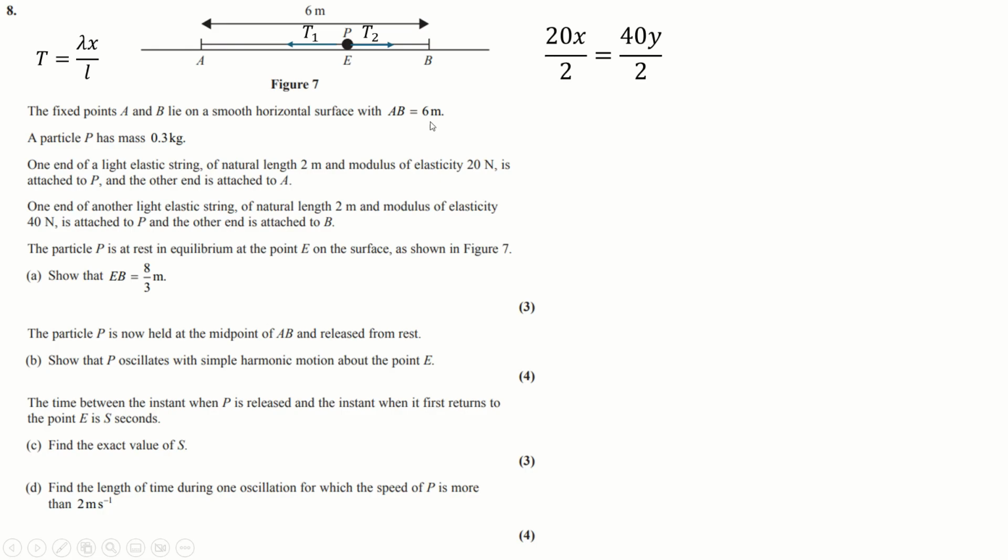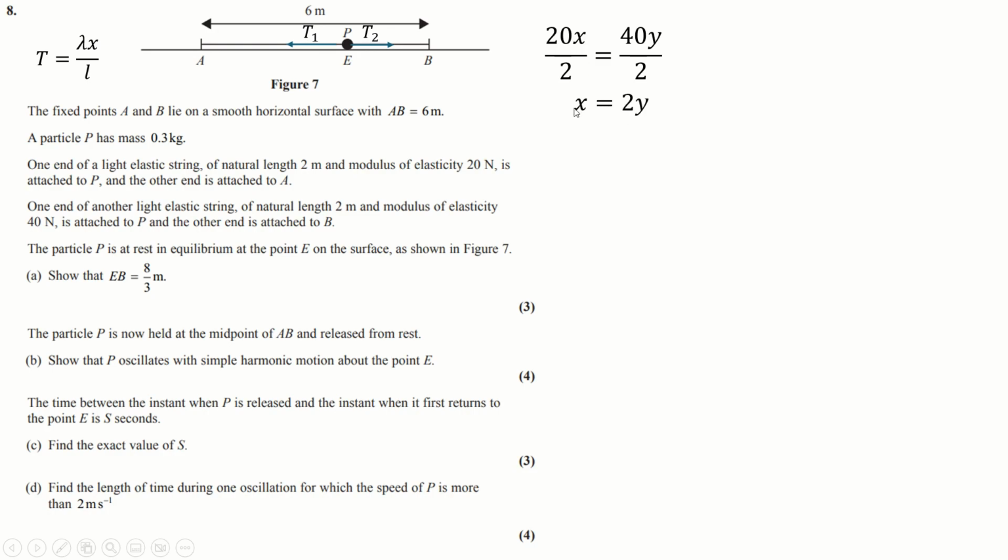So of course, we can say maybe something like, because this is in equilibrium, T1 equals T2. So we can say T1 has lambda 20, L is 2, and then the extension we'll just call x. In this string here, lambda is 40, and natural length is still 2, but we'll call the extension y. And so now we can form an equation in terms of x and y, so that's good.